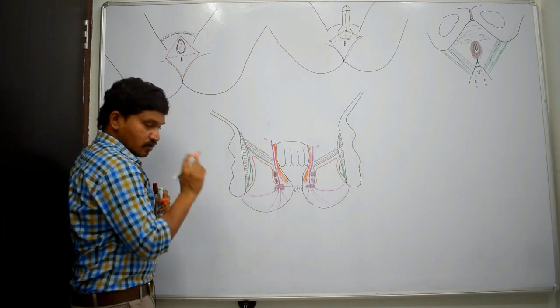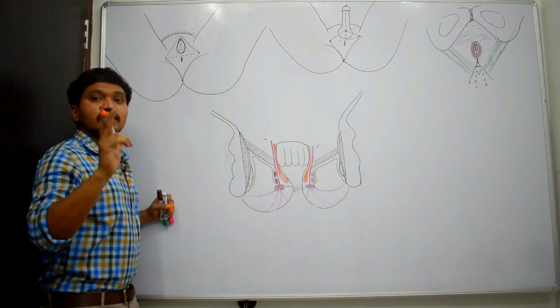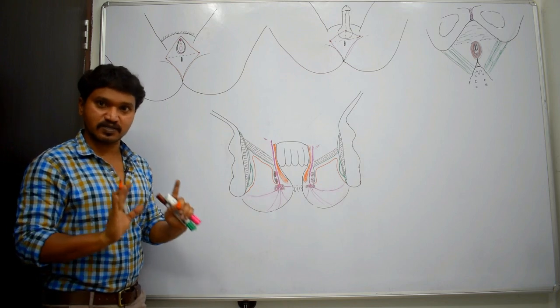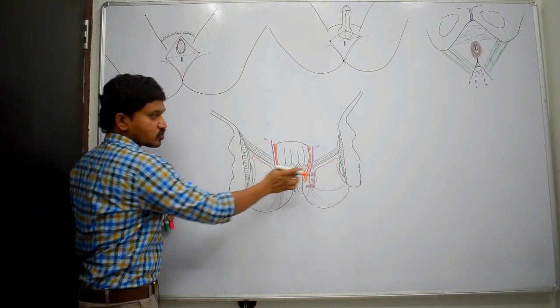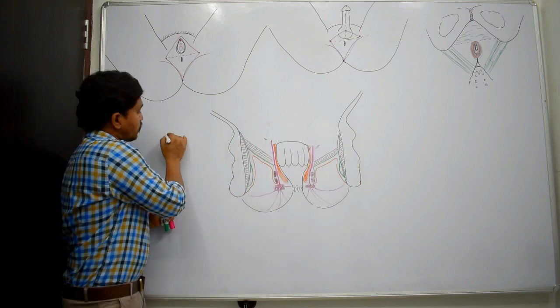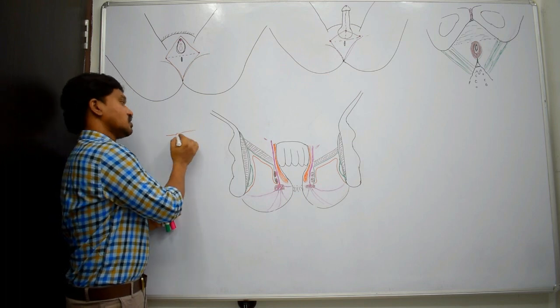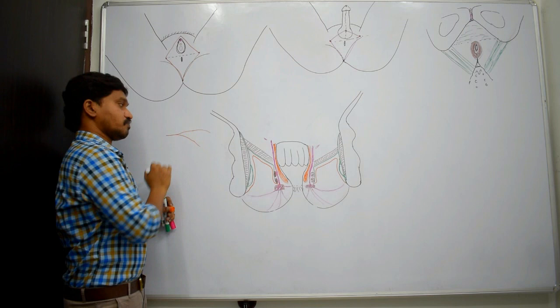Let me tell you, but you remember strongly that through this pudendal canal, pudendal nerve and internal pudendal vessels are passing. But at this level, what are the structures passing through this canal? Actually, pudendal nerve divides into mainly two branches. What are those? This is the dorsal nerve of penis and this is the perineal nerve, right?